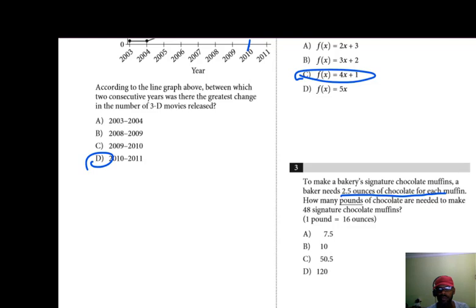We have 2.5 ounces of chocolate for each muffin, so one muffin needs 2.5 ounces. Alright, so 16 ounces is how much? We divide by 2.5. Okay, that would be the answer.